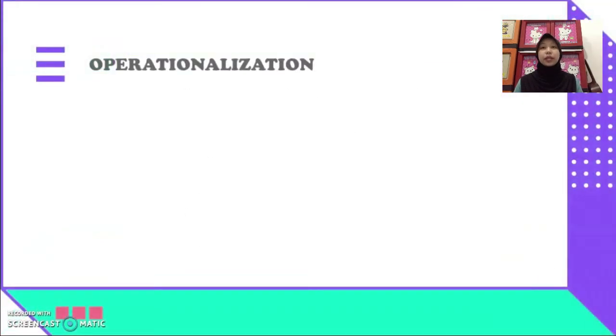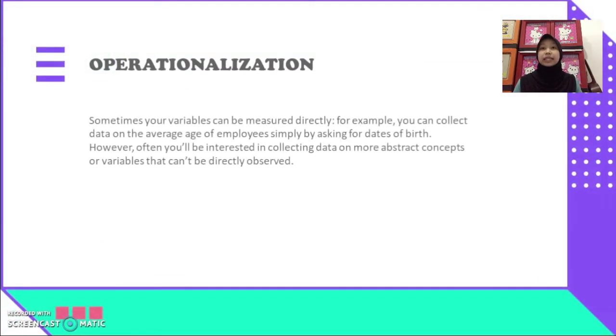First, operationalization. Sometimes your variables can be measured directly. For example, you can collect data on the average age of employees simply by asking for dates of birth. However, often you'll be interested in collecting data on more abstract concepts or variables that can't be directly observed.